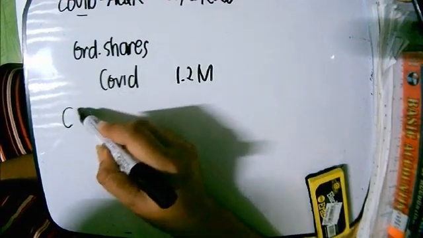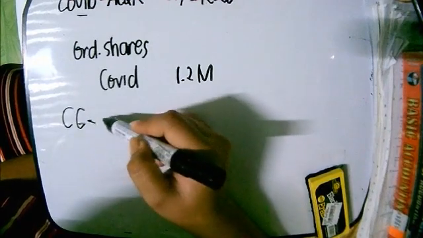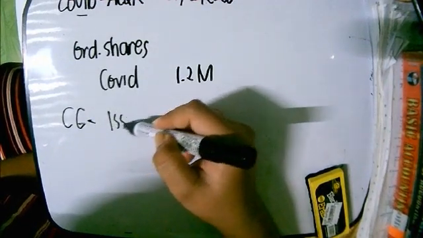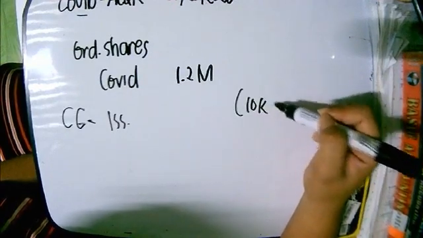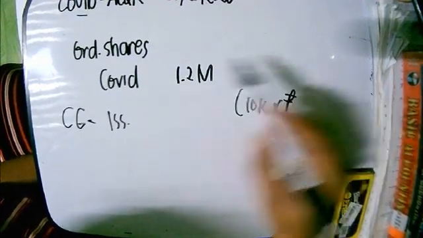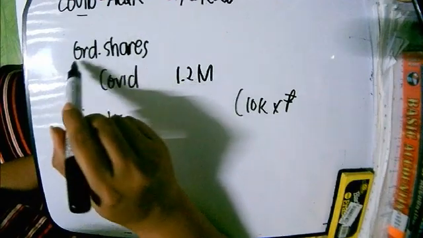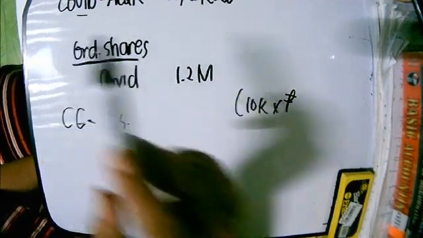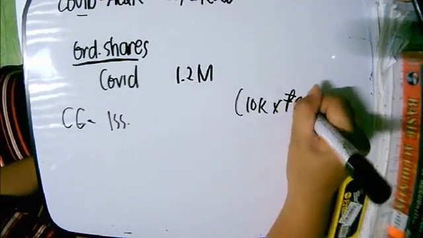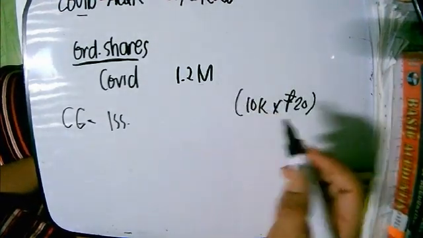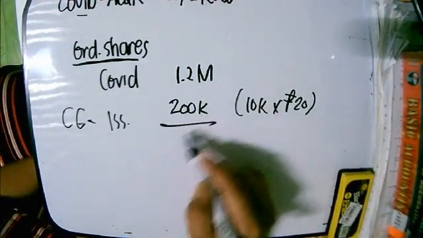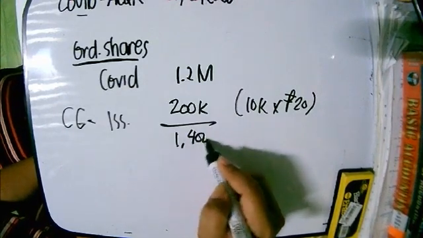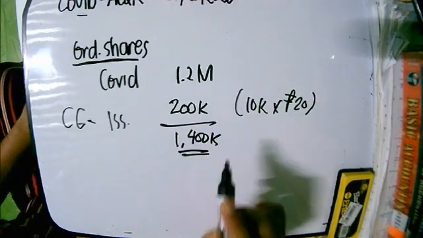Yung consideration given niya, meron doon, nag-issue siya ng shares, issuance of shares, which is 10,000 times, again, since ang question is ordinary shares, we always measure it at par value. So, plus 200,000, we have 1,400,000.